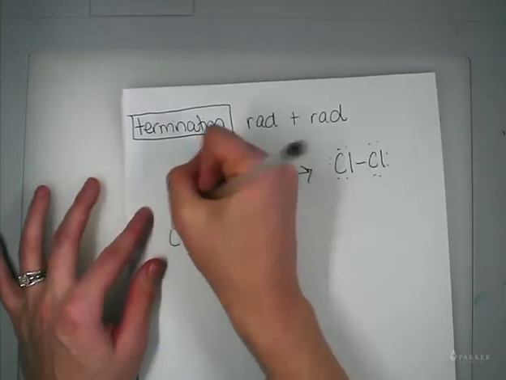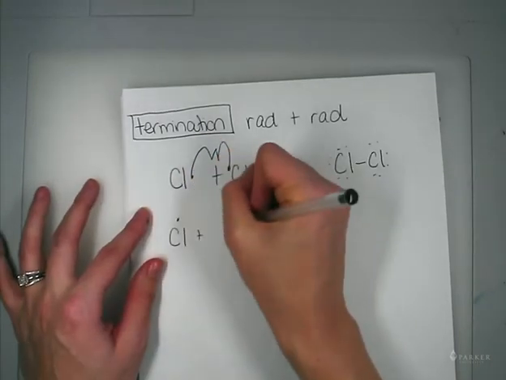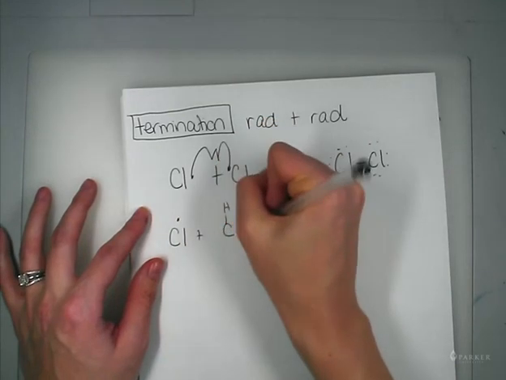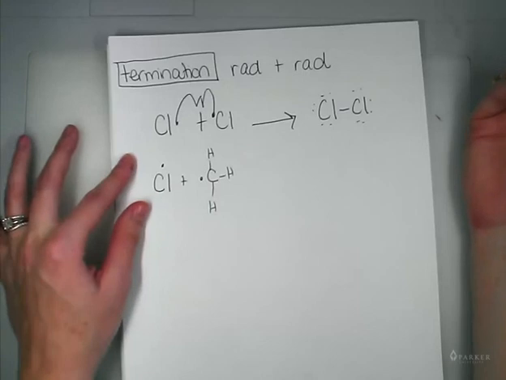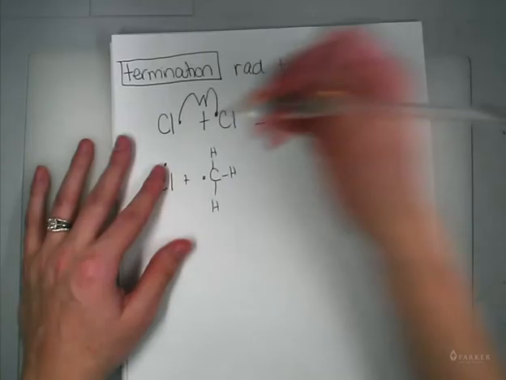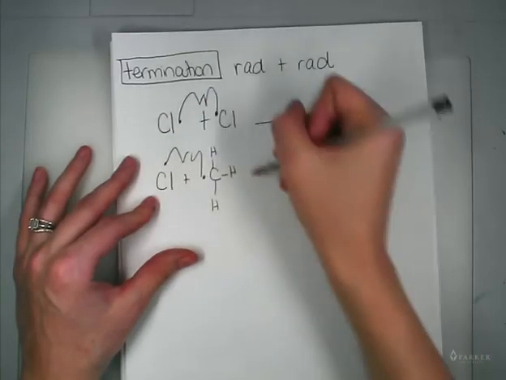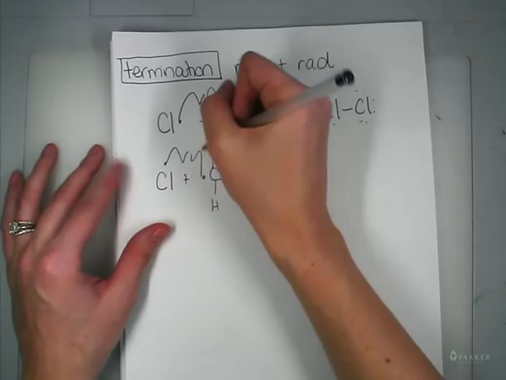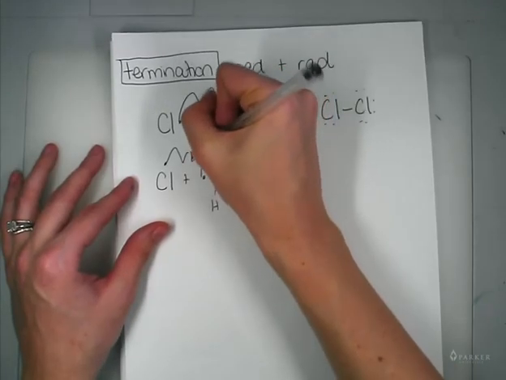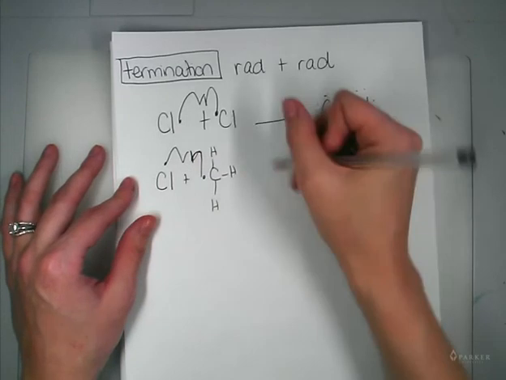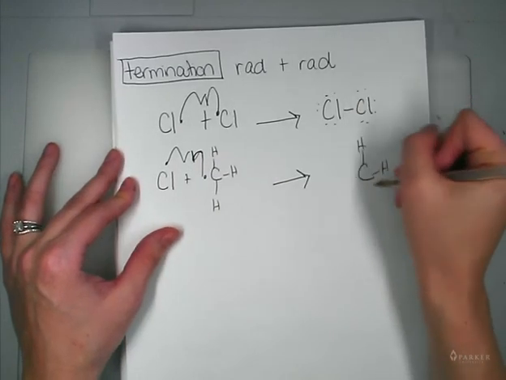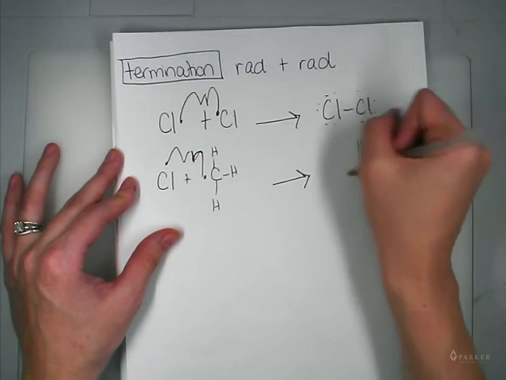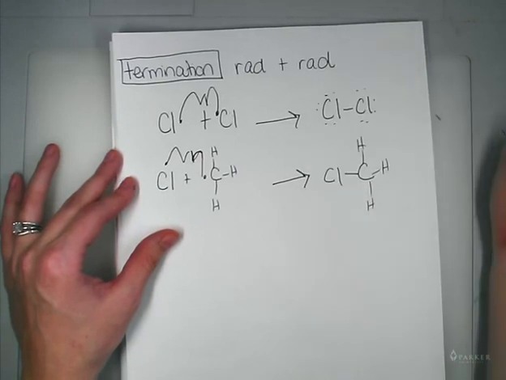What's another one? I heard somebody earlier say chlorine plus the carbon radical we formed. So what will they do? Bond together. Okay, so they're going to bond together. So I have CH3 bonded to chlorine.